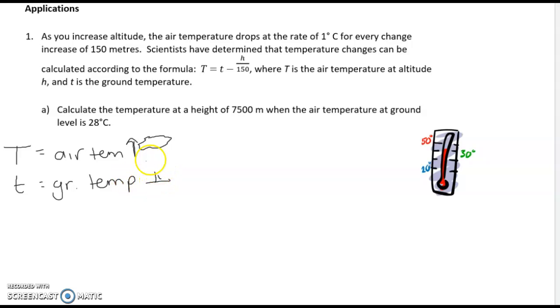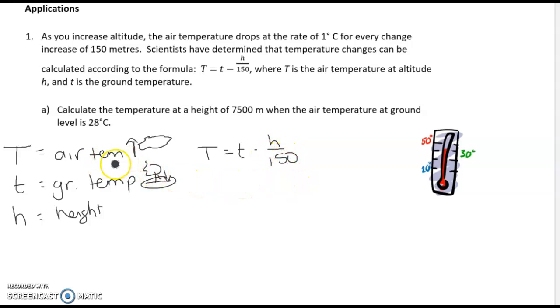So you have your trees, and we're talking about the ground. And h stands for the height. Now we can go ahead and solve these. So I'm going to rewrite the formula: capital T equals little t subtract h over 150.